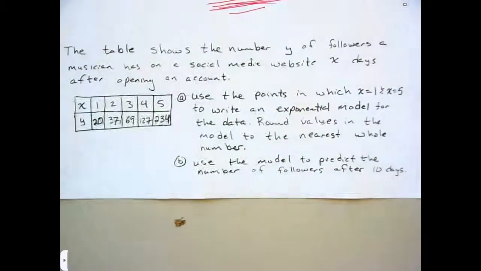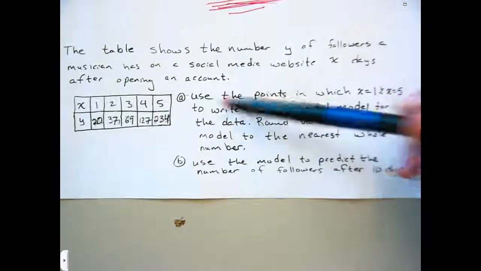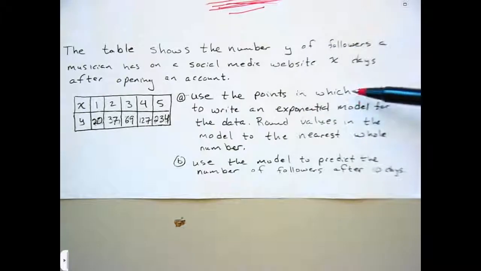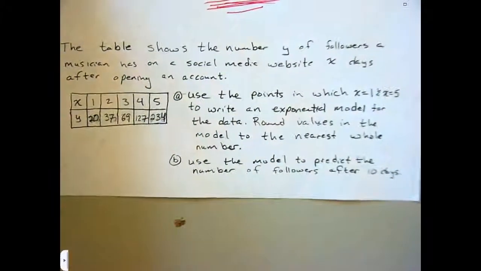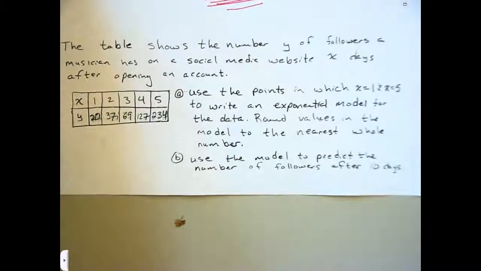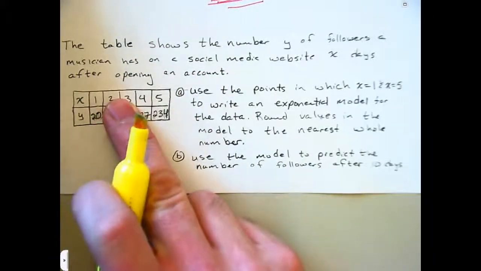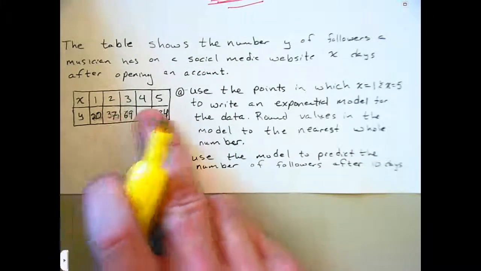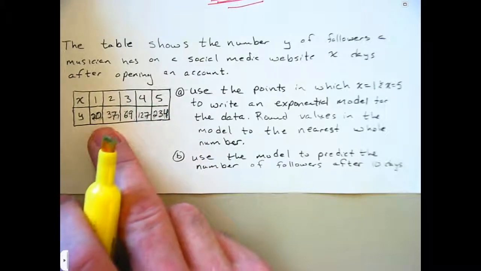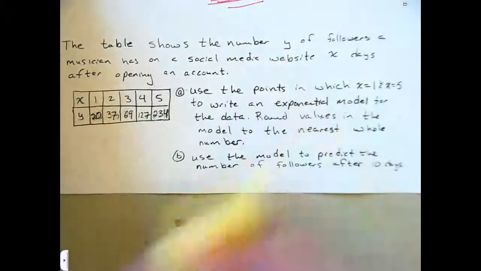Okay. Use the points in which x equals 1 and x equals 5 to write an exponential model for the data. Round your values in the model to the nearest whole number. Now, I saw that some of you actually put this whole thing into your stat menu and then did exponential regression, which is not what they're asking you to do.